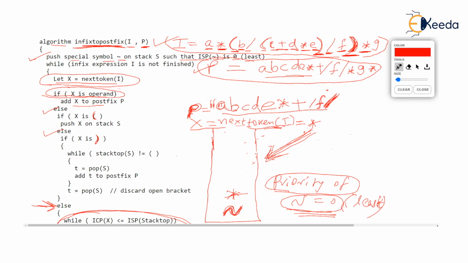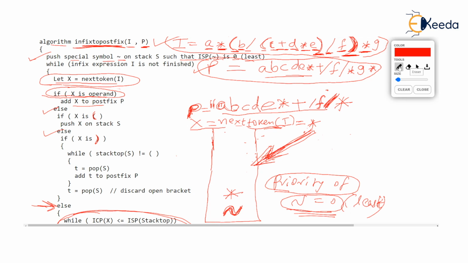So what we do is we will pop this into. A lot of time into was on the stack. It's time to pop it and add it to postfix. Check, I am adding this into postfix. And now the incoming operator multiply can go on top of tilde because tilde has least priority. Yes, everyone. I guess you followed it.